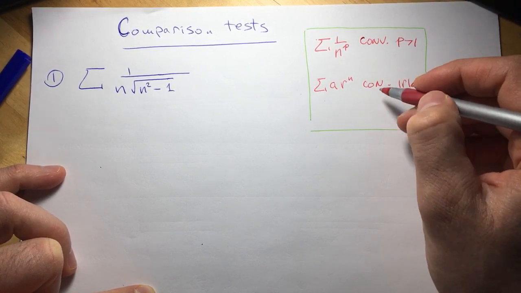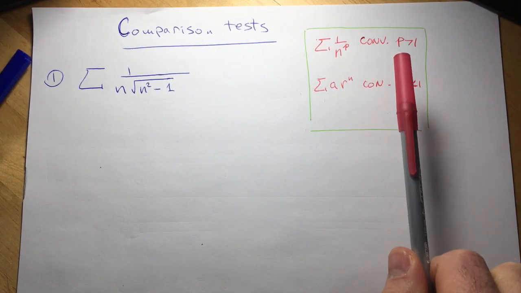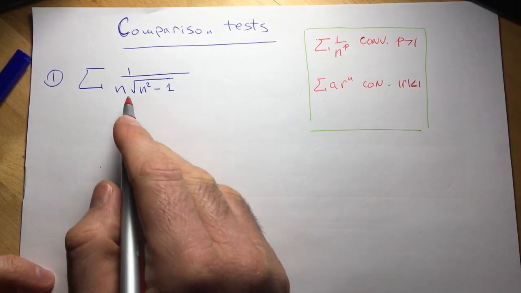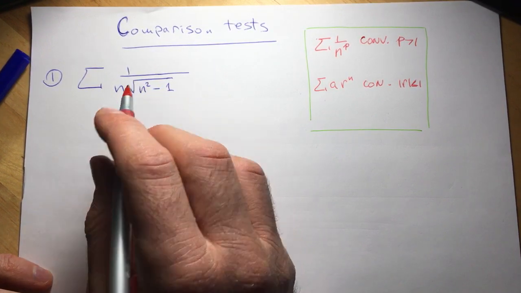These are the ones that we're going to use. So which one can we use here? Where is our go-to series?